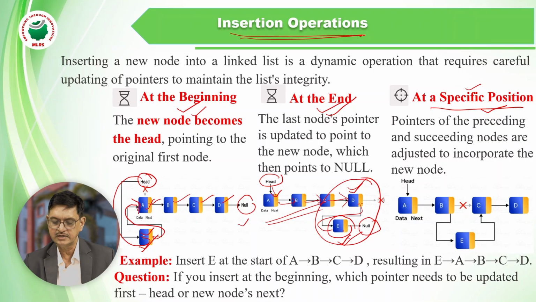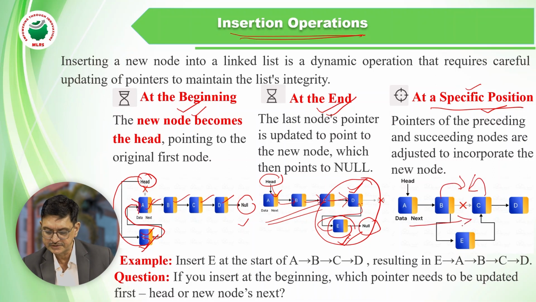Or else, whenever you want to insert a node in the middle or at a specific location, we need to identify where to insert this particular node: after a particular node, before a particular node, or based on the number of locations.